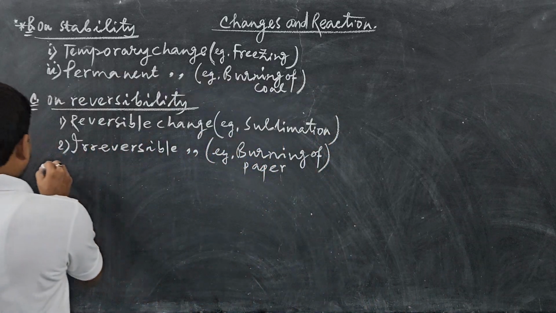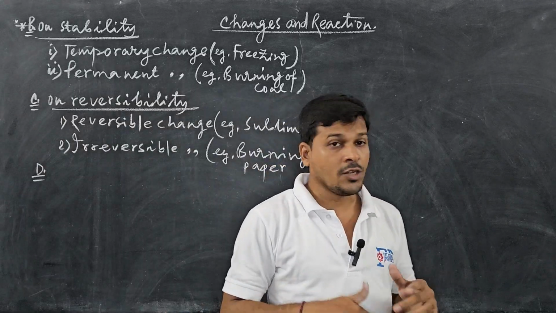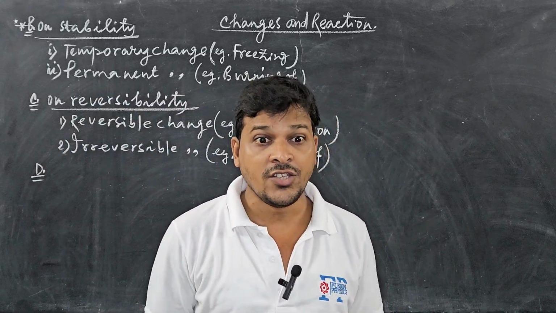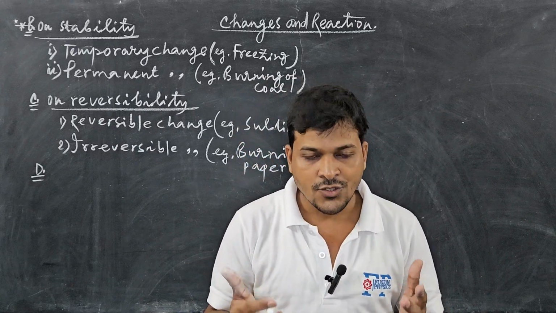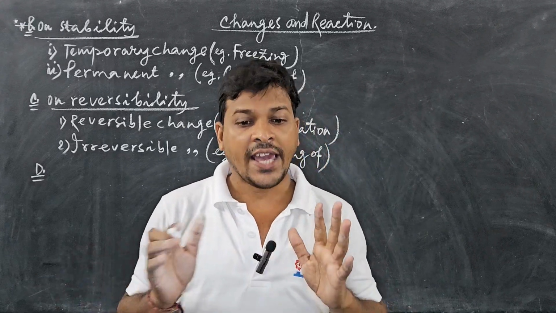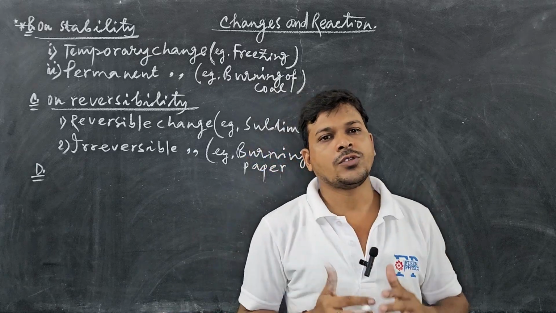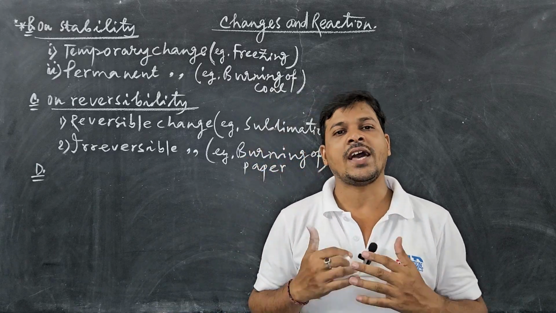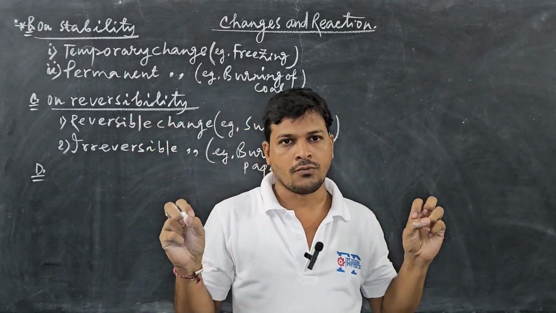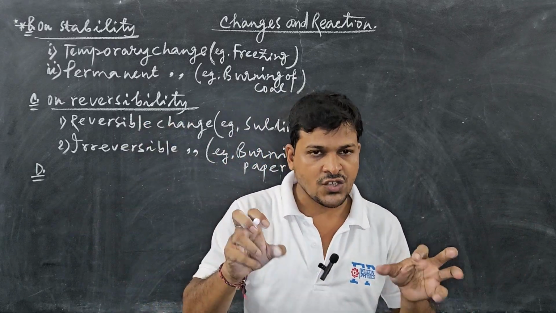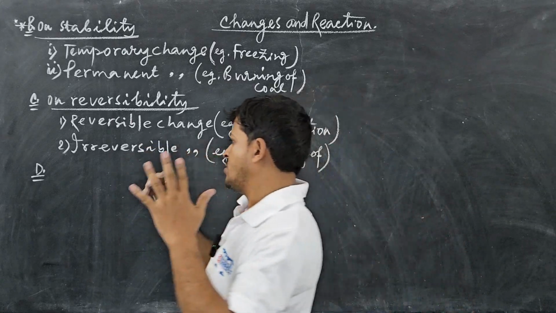Another type of change depends on the evolution of heat, whether heat energy is released or not. If heat energy is released, that is called an exothermic change. Exo means evolve, release. In an endothermic change, heat energy is absorbed. Endo means absorb, take in.